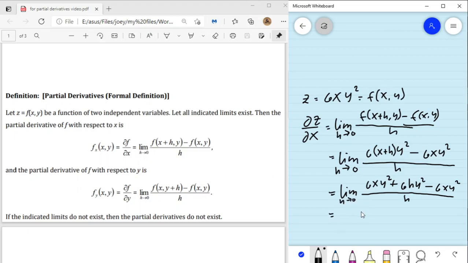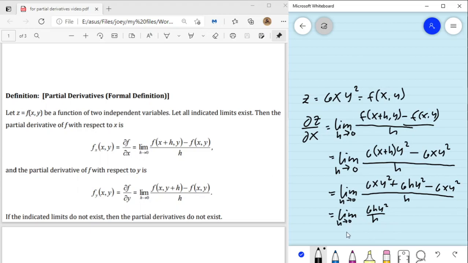So this will then be equal to 6xy squared minus 6xy squared is 0. So we'll just have the limit of 6hy squared over h as h approaches 0.